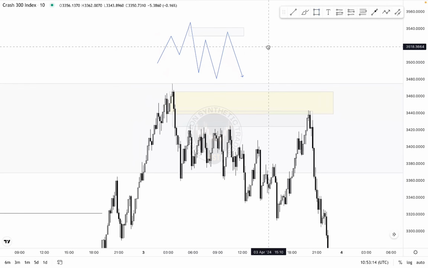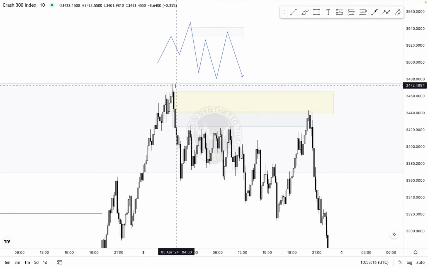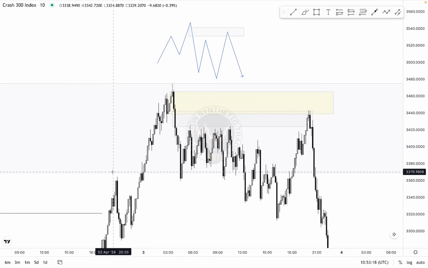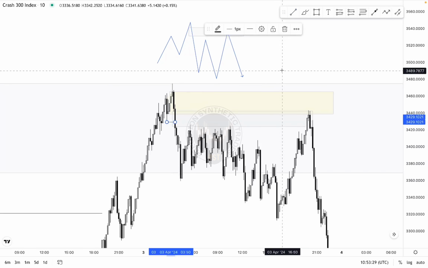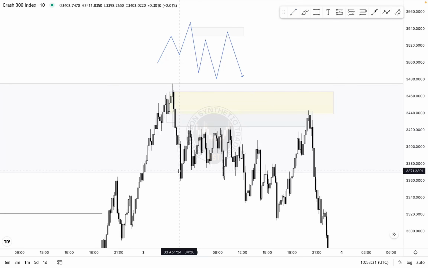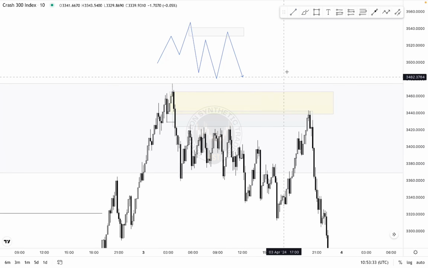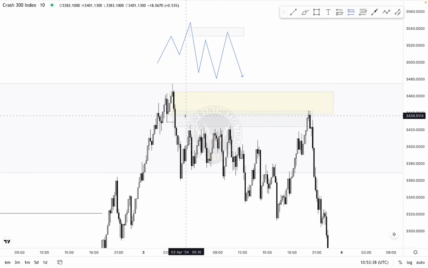It's exactly what happened here. Price came up, broke liquidity, made liquidity. We had a market structure shift here on the 10 minute. You can use that one or that one. Let's use that one. With a huge impulse move down, we created this. Price literally came and tapped our fair value gap.